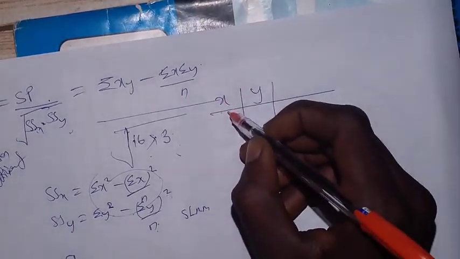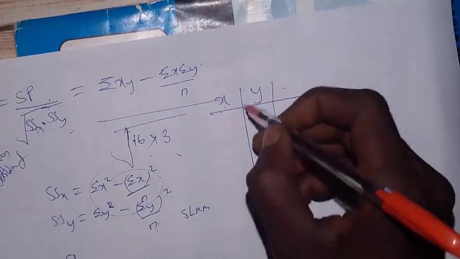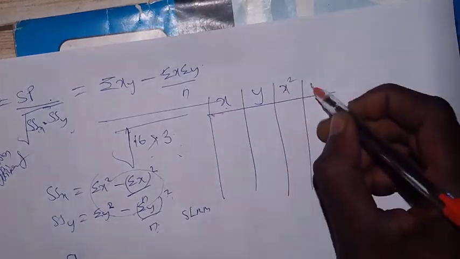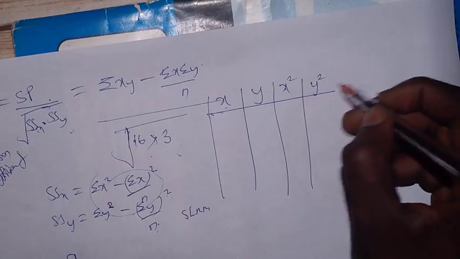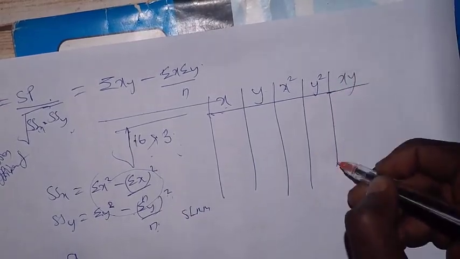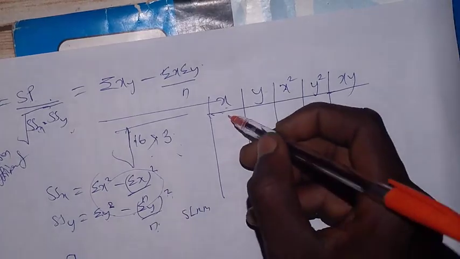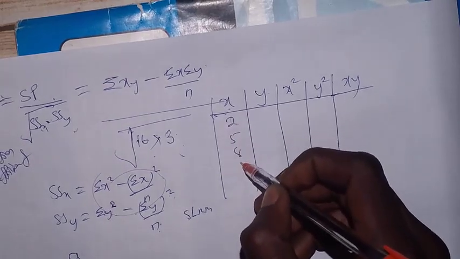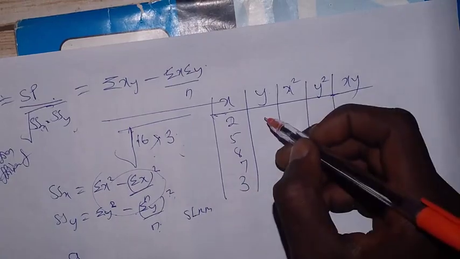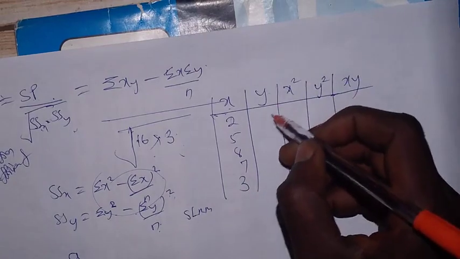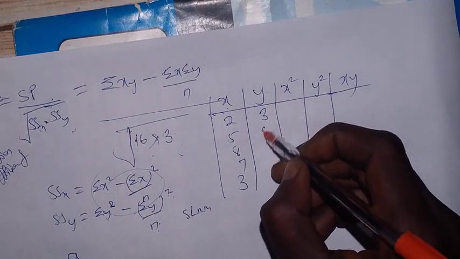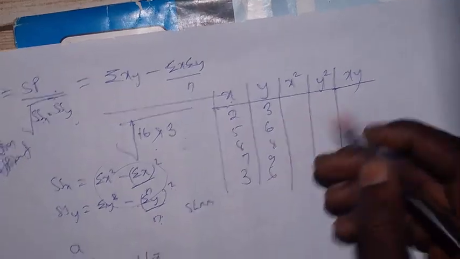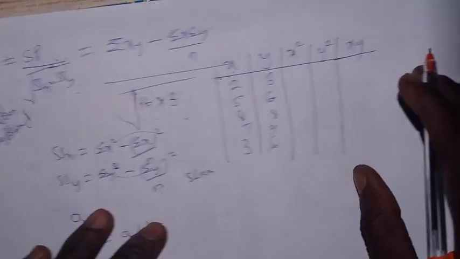We are given x and y, and then here let it be x squared, y squared, xy, right? Let's say we are given x as 2, 5, 8, 7, 3, and y as 3, 6, 8, 9, 6, for instance. This is just a mere example. So here is your x.